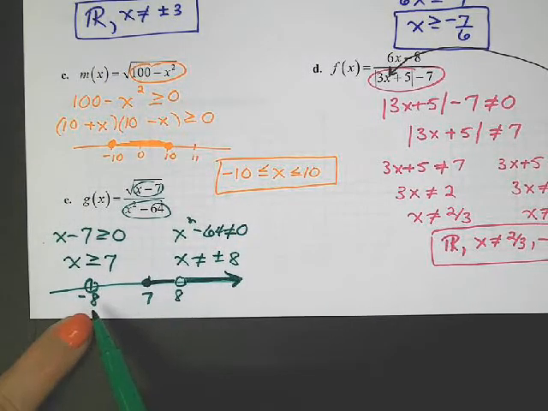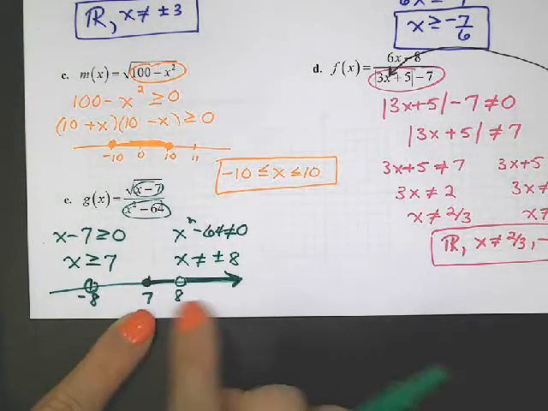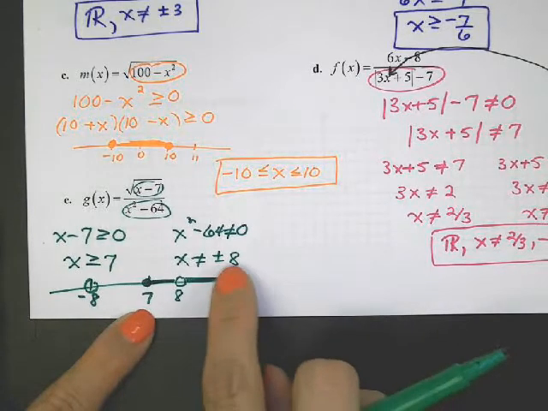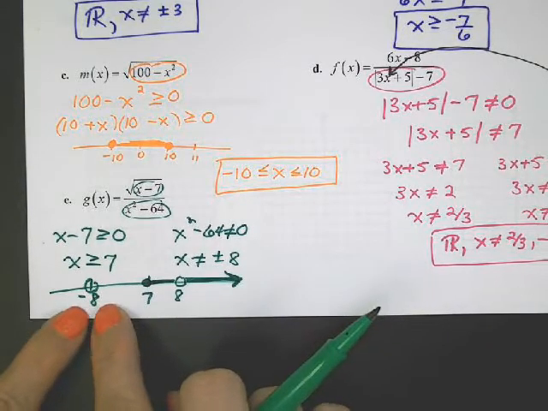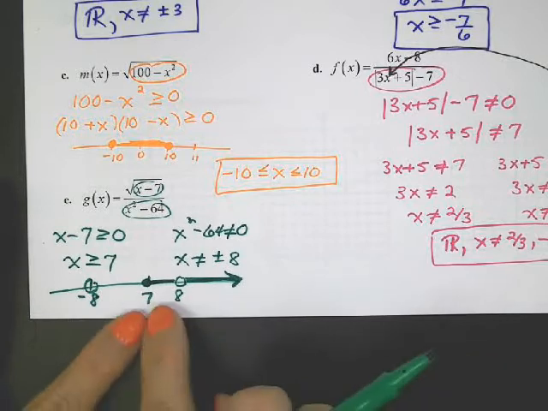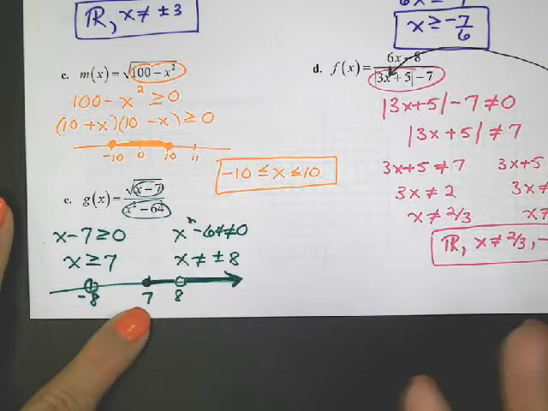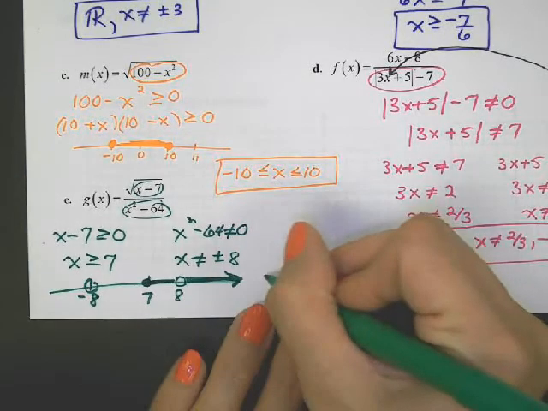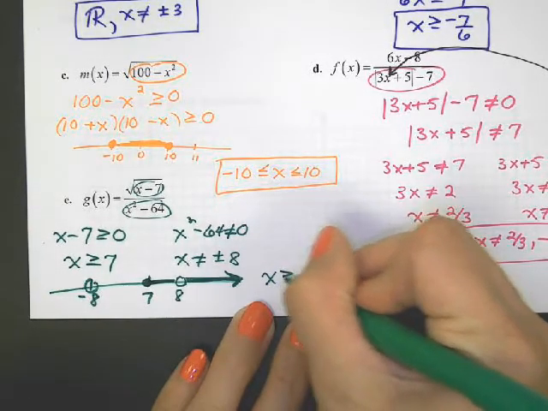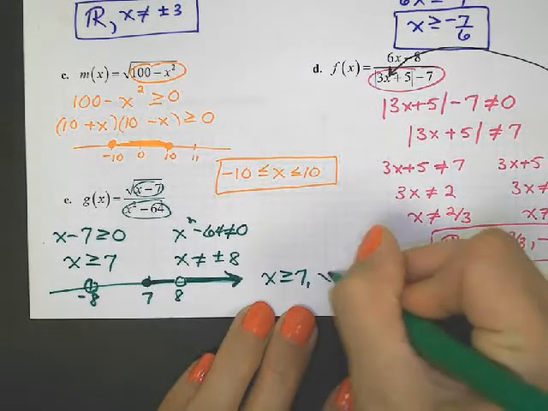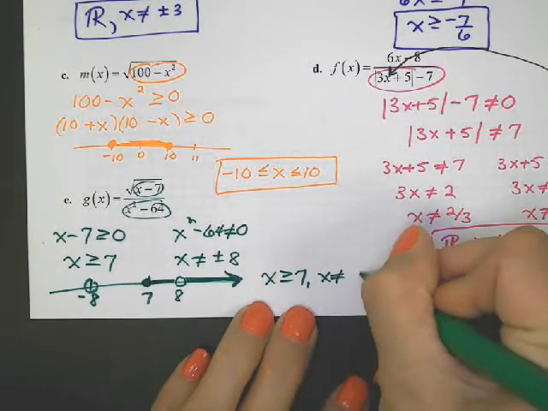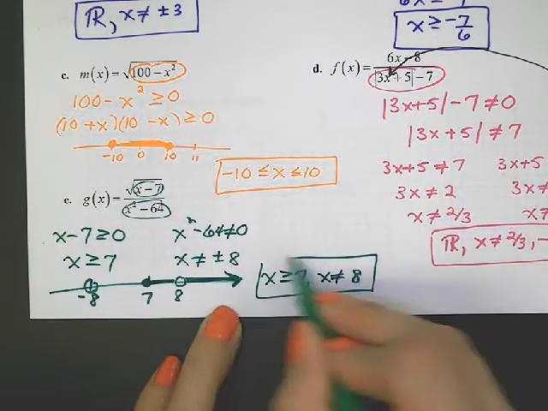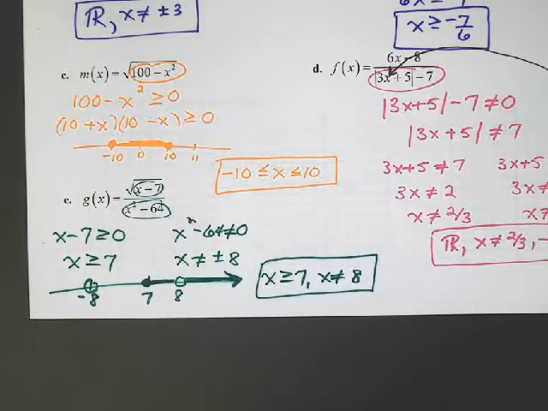I don't plan on using negative 8. I only plan on using 7 and more. So I don't think I need to say, hey, and don't use negative 8. Because when I tell everyone use 7 up, then you're not going to be using that number. So the answer is x is greater than or equal to 7. Oh, but don't use 8. That's the perfect answer. So you don't want to say the negative one.